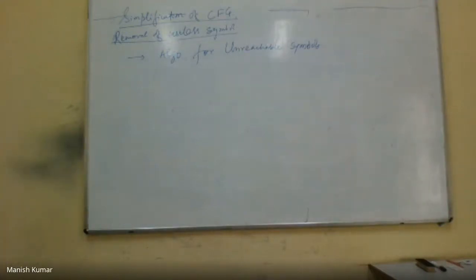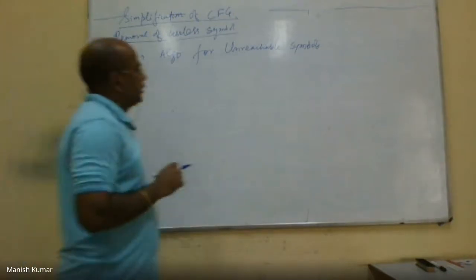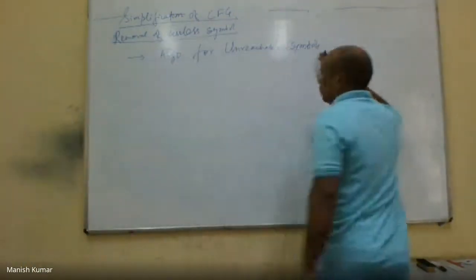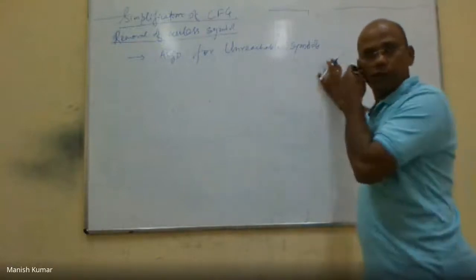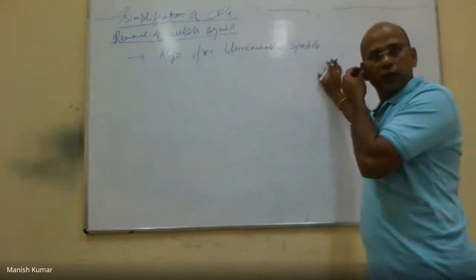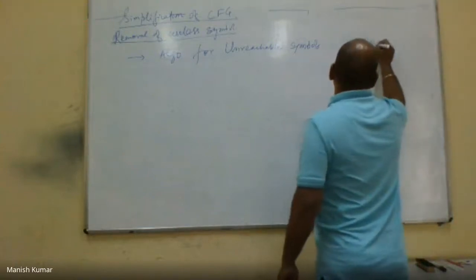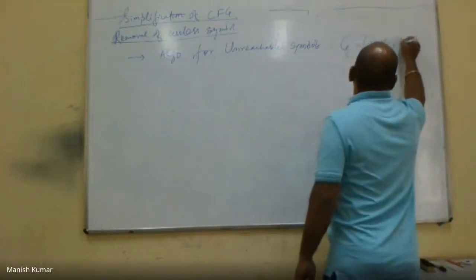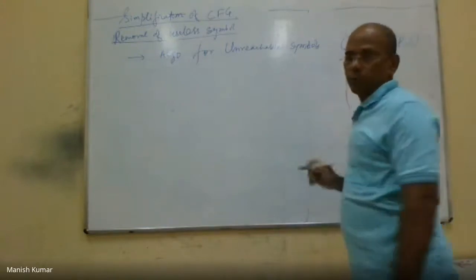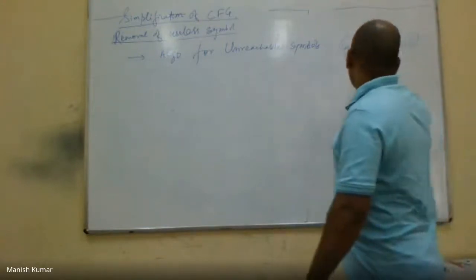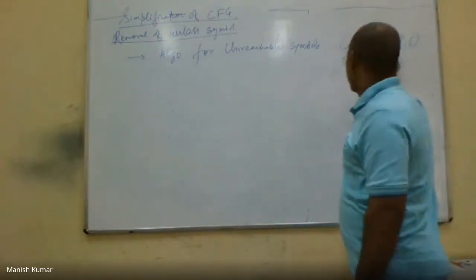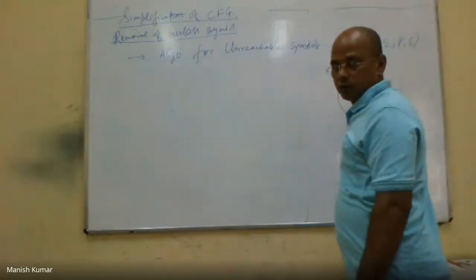So what we do in this case is that we try to find all unreachable symbols and keep them in one set. You have G, V, sigma, P, S. So you have the production set rules and all. Using these production set rules, you have to identify unreachable symbols.